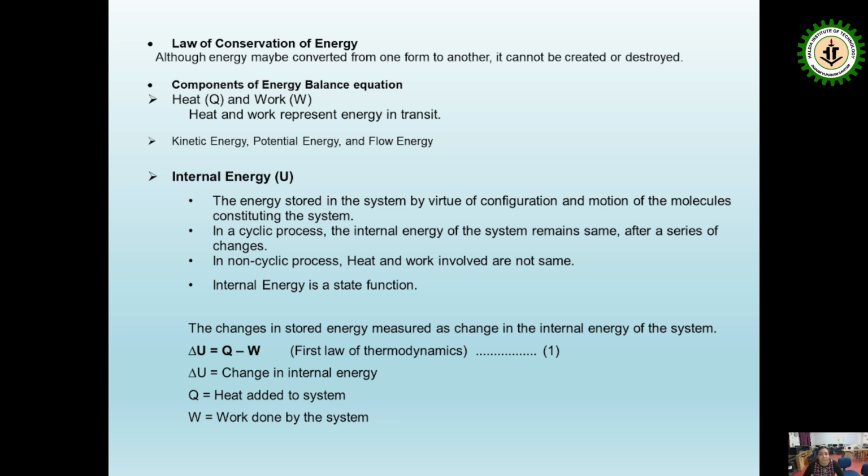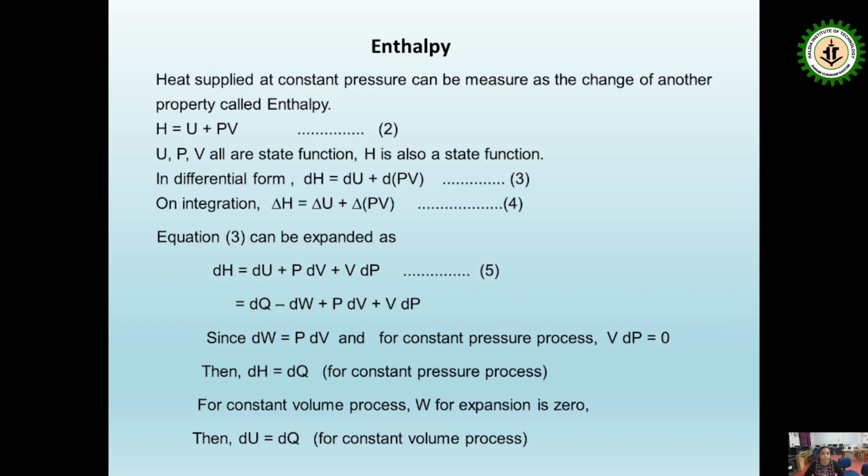So there is a change in stored energy, and the change in stored energy is measured as the change in internal energy of the system, represented by delta U equal to Q minus W. It is the mathematical form of the first law of thermodynamics. Delta U is the change in internal energy, Q is the heat added to the system, and W is the work done by the system.